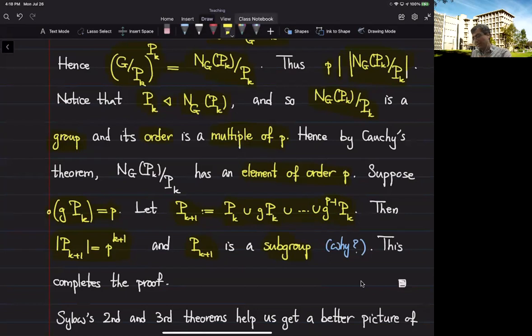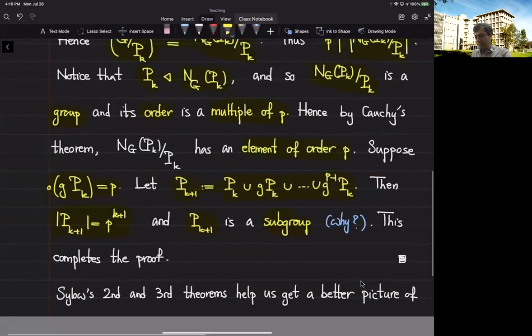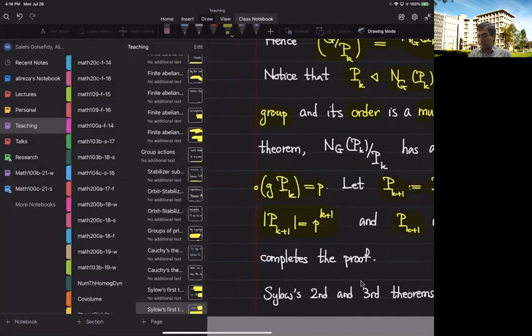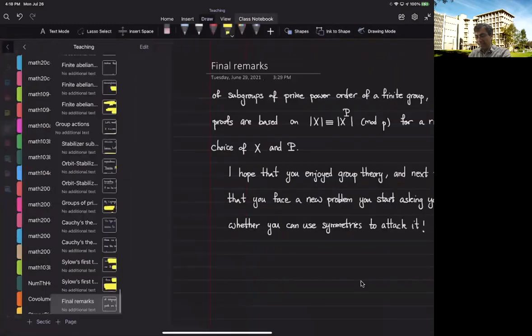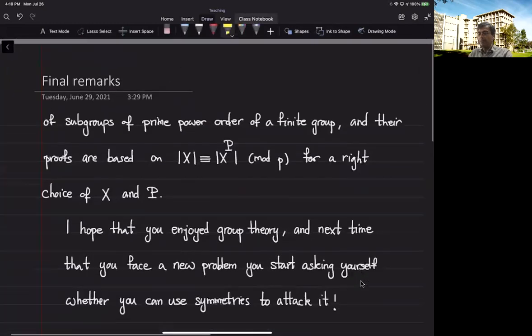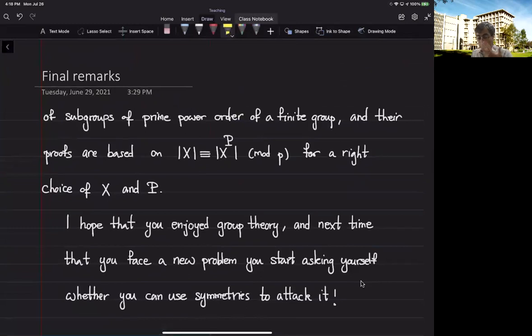Sylow also proved second and third theorems. They are famous, and those theorems can give us a better understanding of subgroups whose order is a power of a prime.